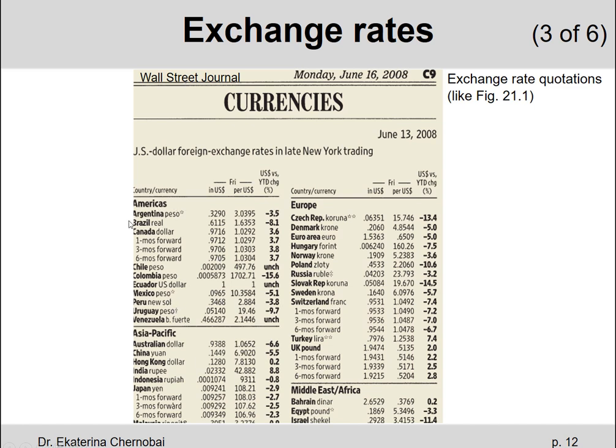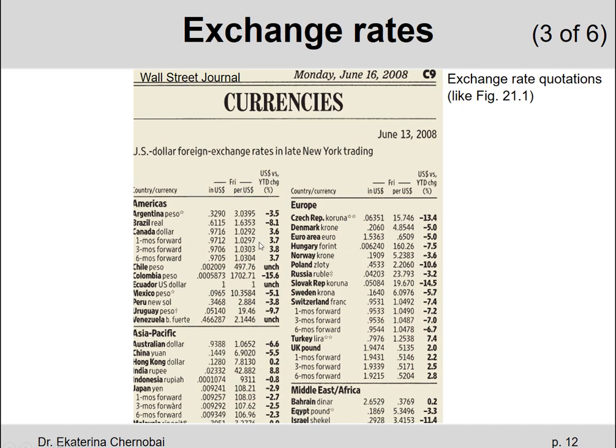Americas, which have Argentina, Canada, Mexico, and so on. We have Asia Pacific, which includes Australia, Hong Kong, India, Japan. We have Europe, which has the Czech Republic, the Euro area, Russia, Turkey, and so on. And we also have the Middle East and Africa, which has Egypt, Israel, and other countries.